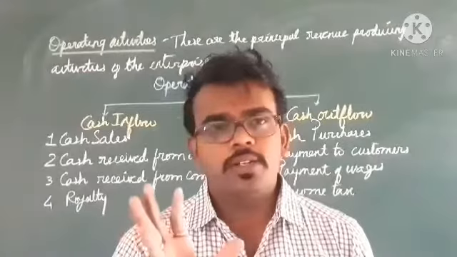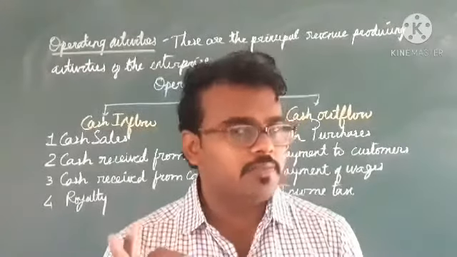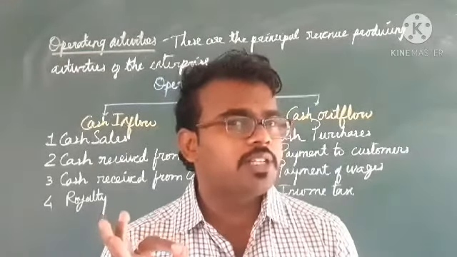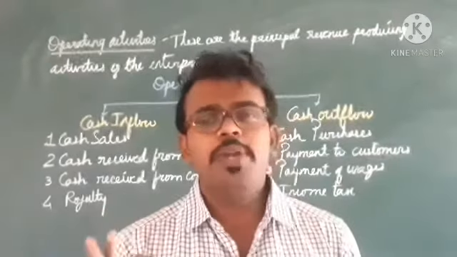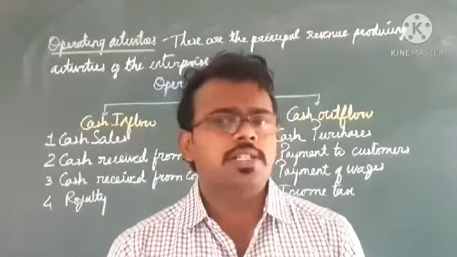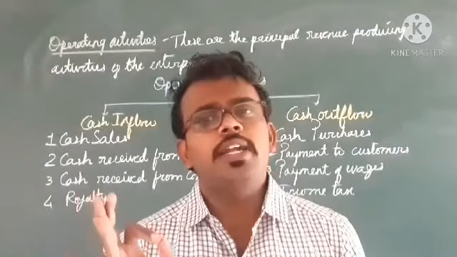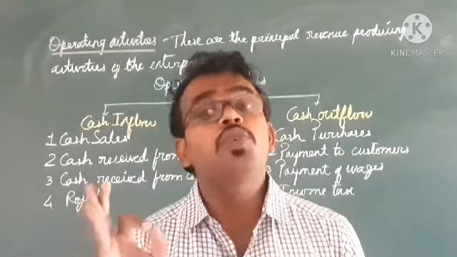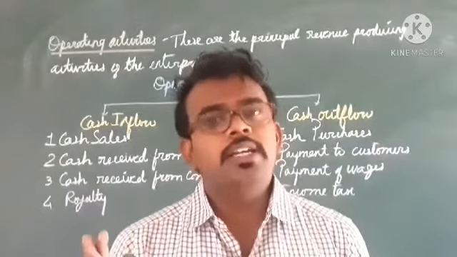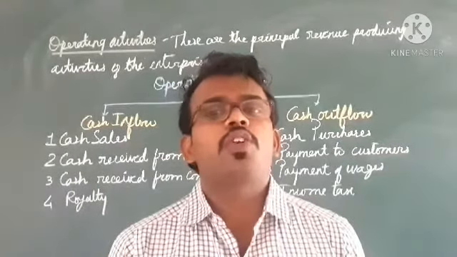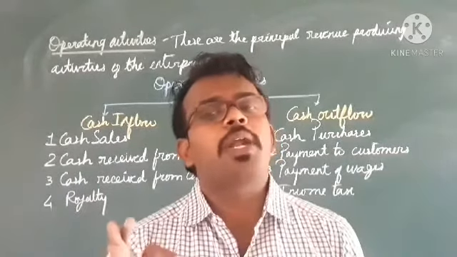Don't keep it complex, just keep it simple. Operating activities means basic function. What is the basic function? Purchase and sales. So any cash inflow or cash outflow related to purchase and sale of goods and services in the organization is called cash flow from operating activities.